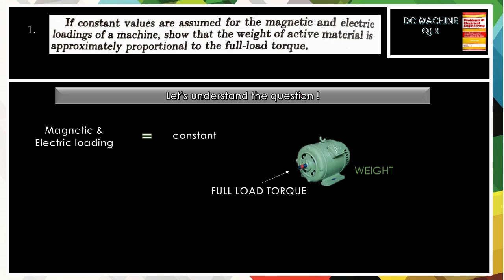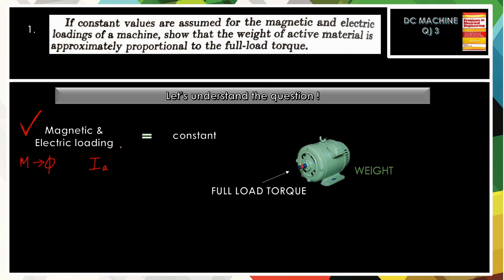So let's understand the question more. It is saying magnetic and electric loading is equal to constant. Magnetic means phi, and electric means current. We will see about the magnetic and electric loading sometime after.